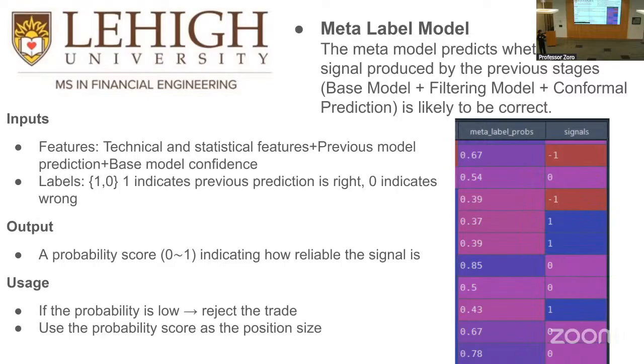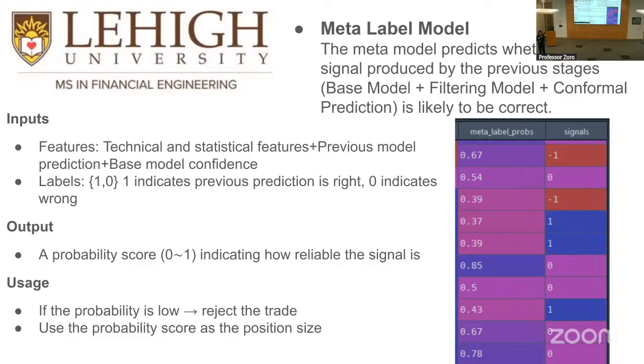And we design the meta label as 1 and 0: 1 indicates the previous prediction is right, and 0 indicates the previous prediction is wrong. So after the model, what we get is a prediction of 1 or 0, which indicates right or wrong, and also a probability score, which tells us how reliable the signal is.